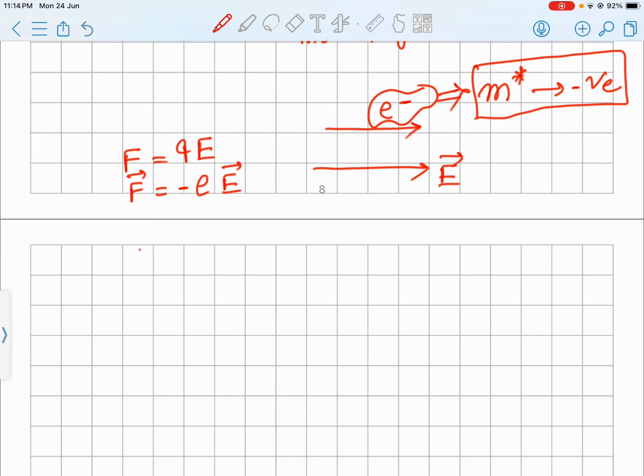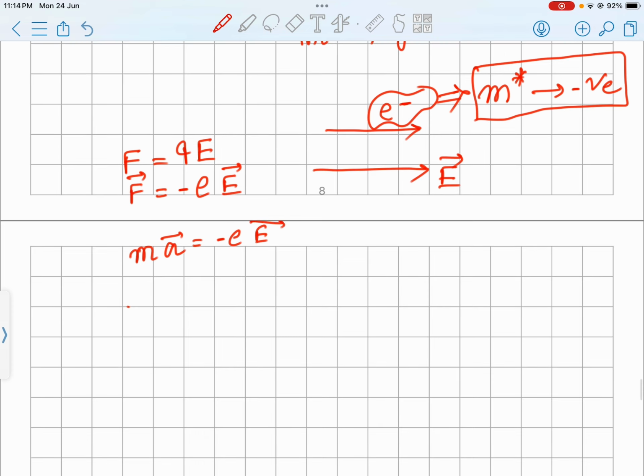Then what we can do, F equals m a, right? Minus e and E. Okay, now let this minus sign be in this m. Let us consider it m star. Okay, so m star a equals e E. So this m star will be now negative.